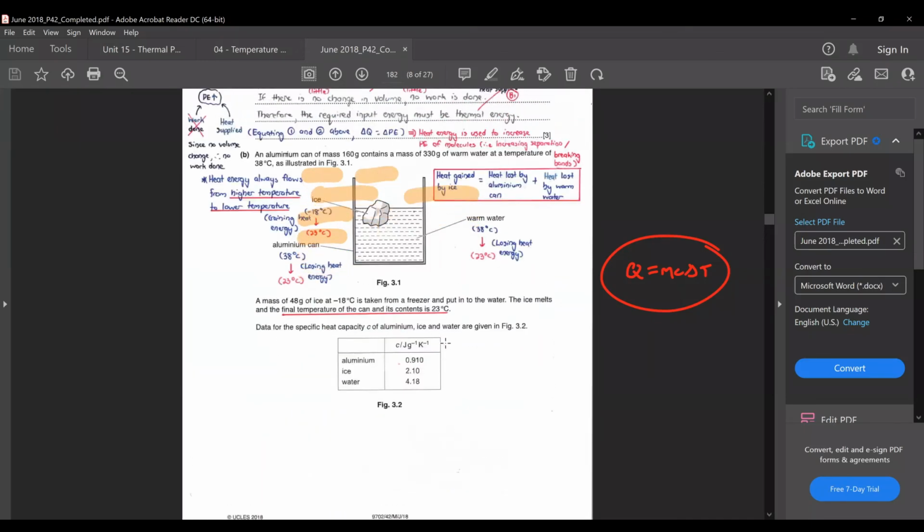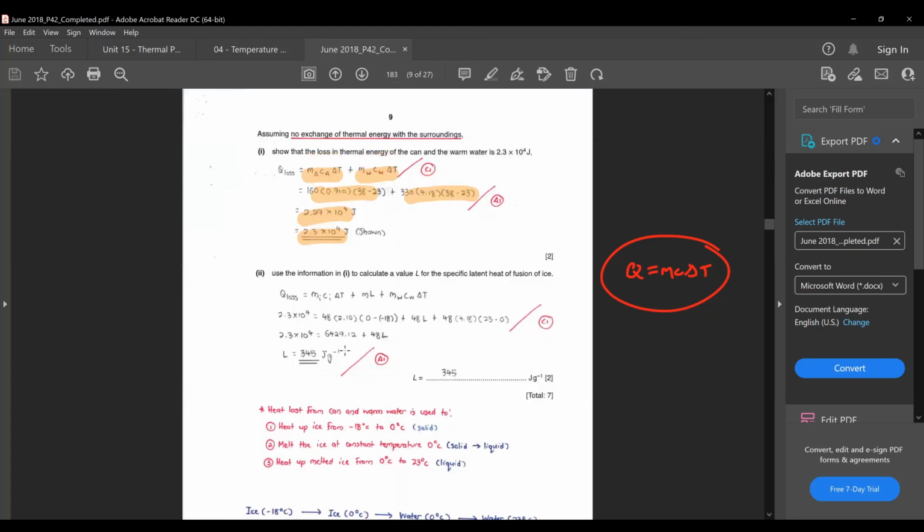There's no need to change from gram to kg here because you see your specific heat capacity is in joules per gram per degree. So if you use the mass in grams and then you multiply with specific heat capacity, the gram will cancel off. So no need to change the units. Okay. So just sub in the values and you will eventually get your answer as 2.3 times 10 power 4 joules. Okay. Right, so this one should be okay.